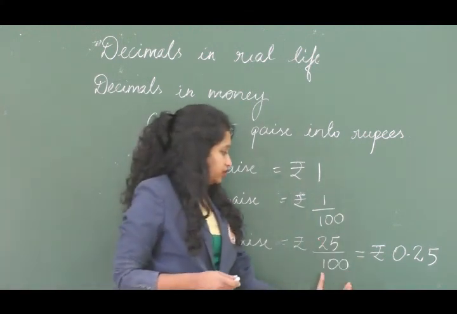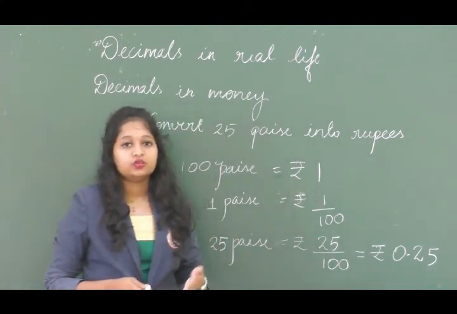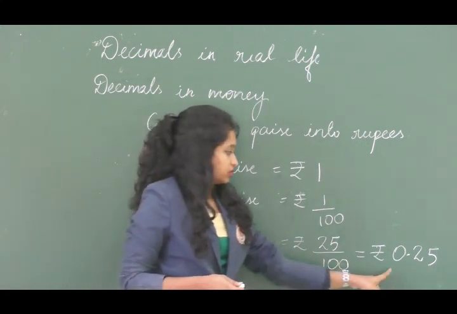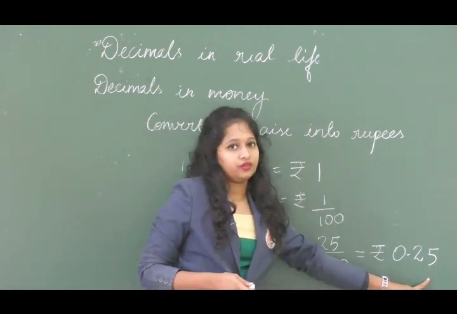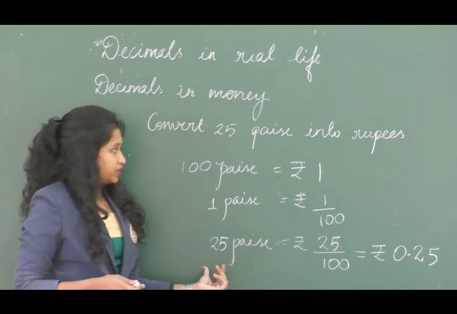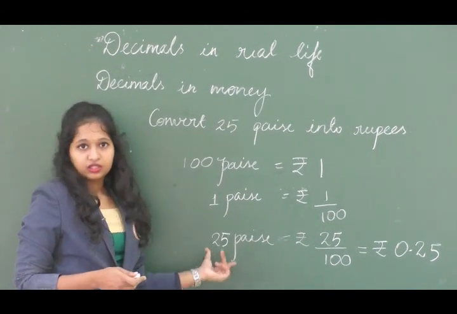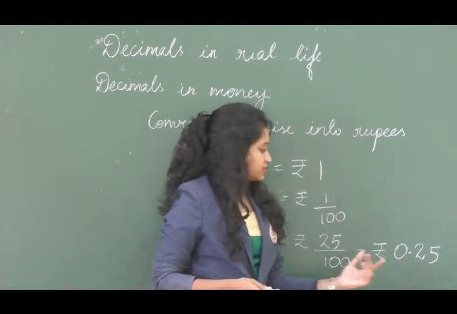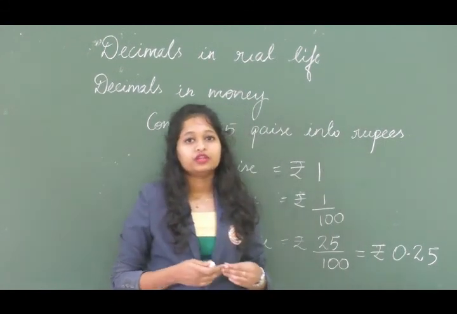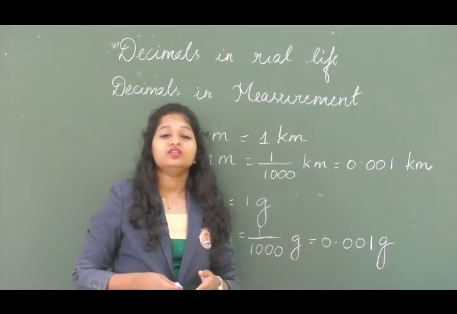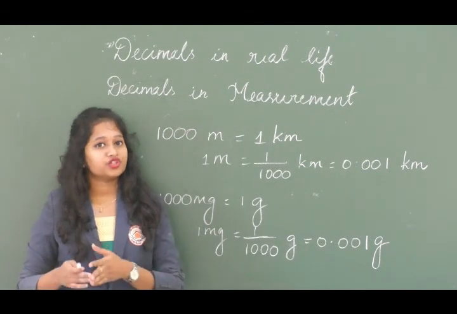So 25 by 100 we can convert to decimal as 0.25. So 25 paise in rupees we can tell as rupees 0.25.